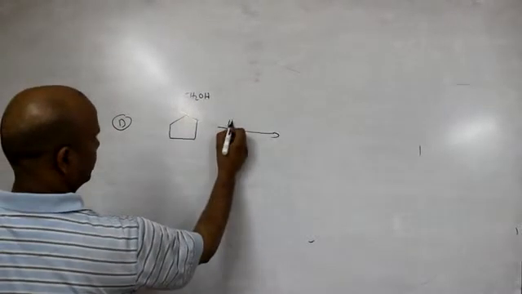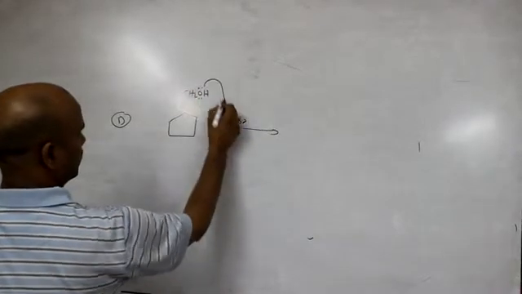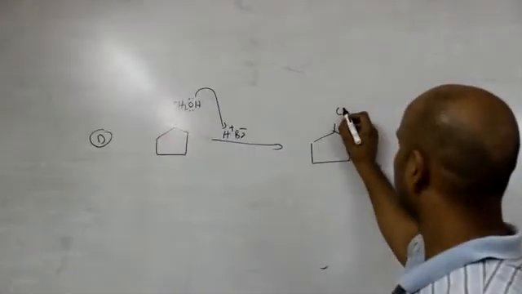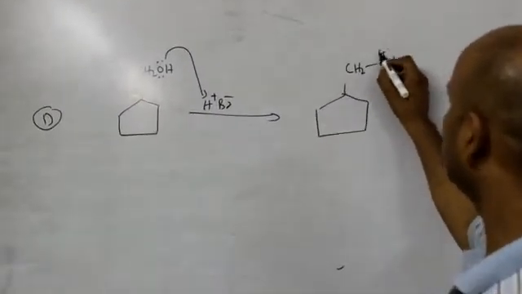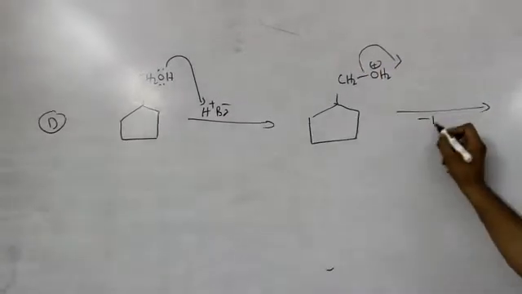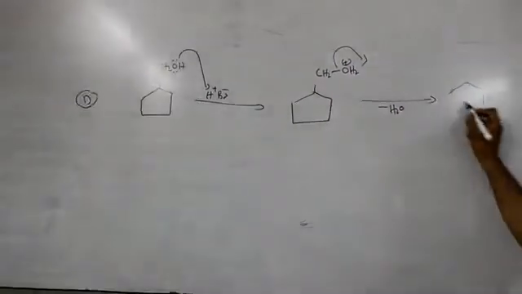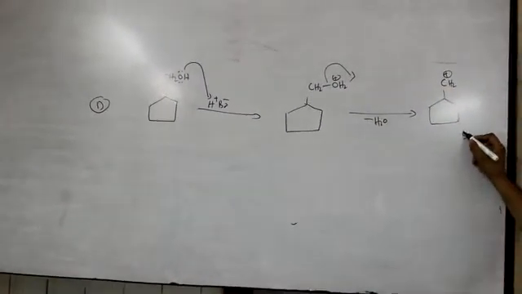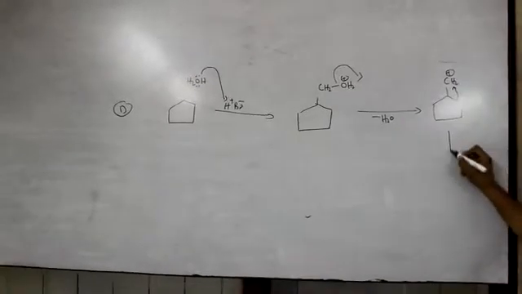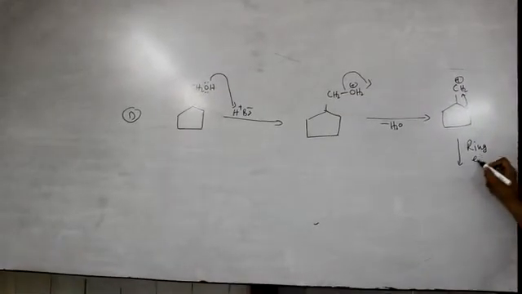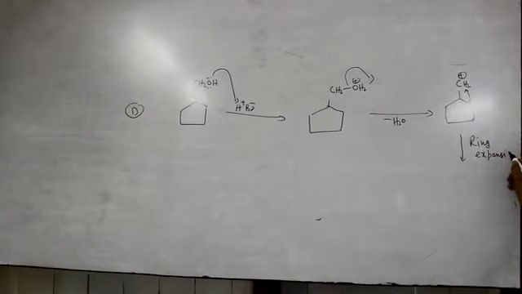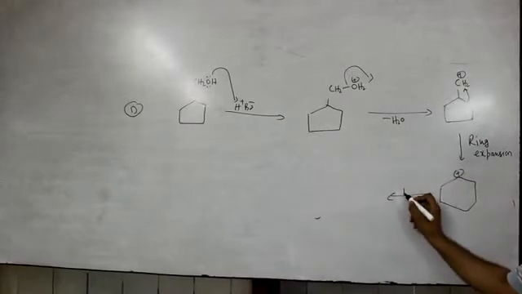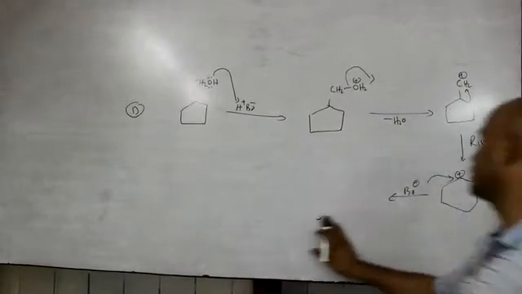Next we have D also. CH2OH with HBr gives CH2OH2 plus, which leaves as water to give CH2 plus. This is a 5-member ring. Here ring expansion takes place, and it becomes a 6-member ring, and Br minus attacks.